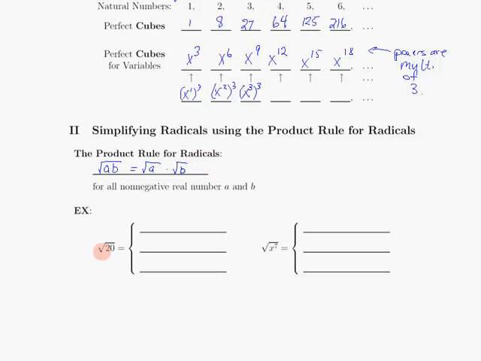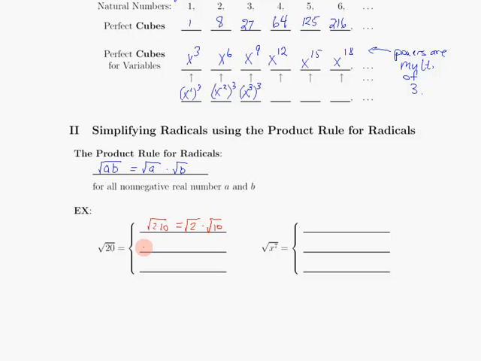That is, if we have something inside like 20, 20 is the same thing as, say, 2 times 10, right? Square root of 2 times 10. Well, by the product rule, you can do the square root of 2 times the square root of 10.